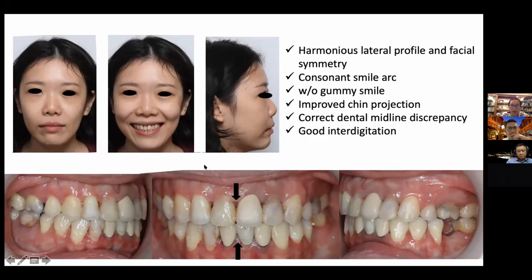Do you mean by should we wait for OGS treatment in young cases, or should we do some growth modifications? I'm not so sure about the question. Yeah. Currently, some patients come for OGS and their age is already probably 30 or even 40s.